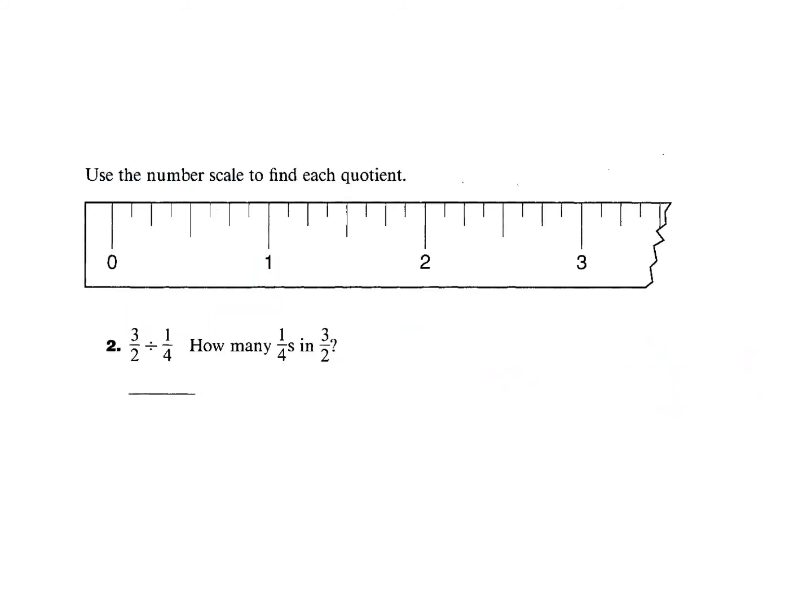Question number 2. 3 halves divided by 1/4. How many 1/4 are there in 3 halves? Well, let's first find out how many 1/4 there are in 1 half. So here is a half, and let's figure out how many fourths there are.